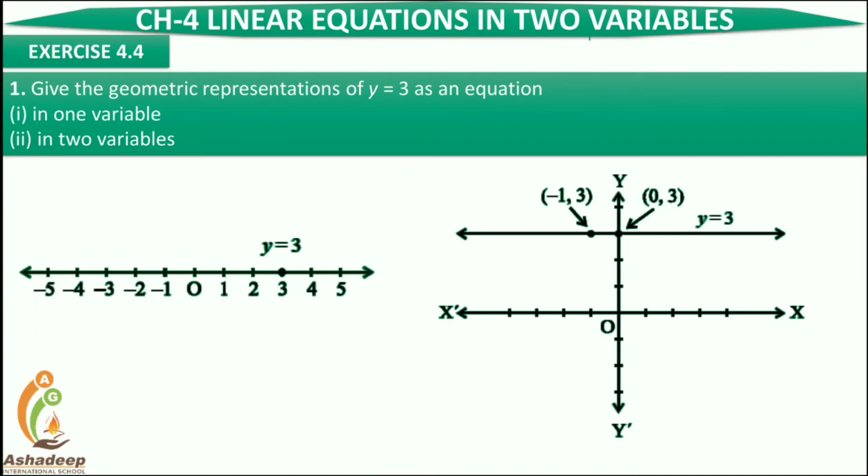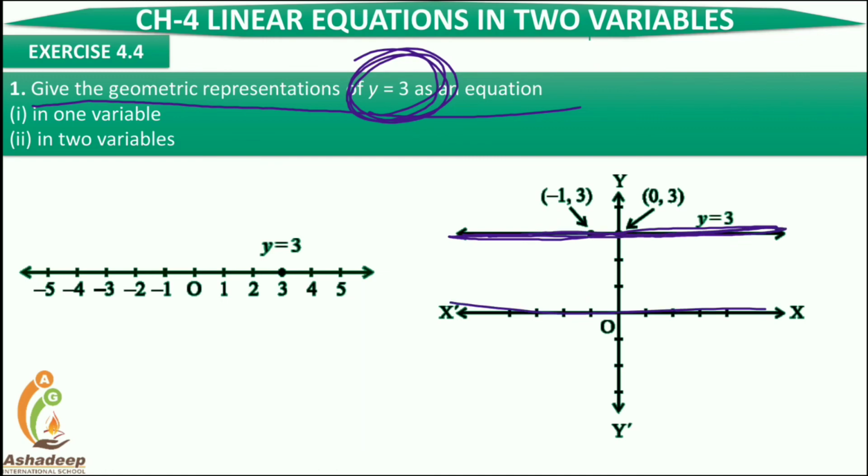Okay, now exercise 4.4, and we will be done with this chapter. Given the geometric representation of y is equals to 3 as an equation. See, if y is equals to constant, it must be parallel to the x-axis.